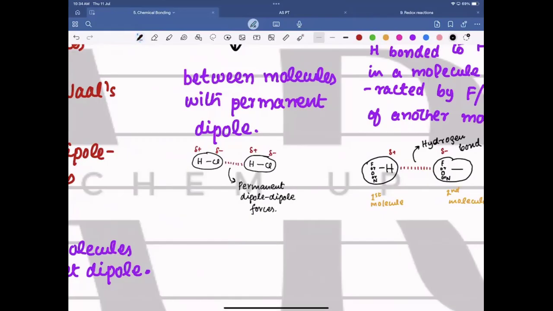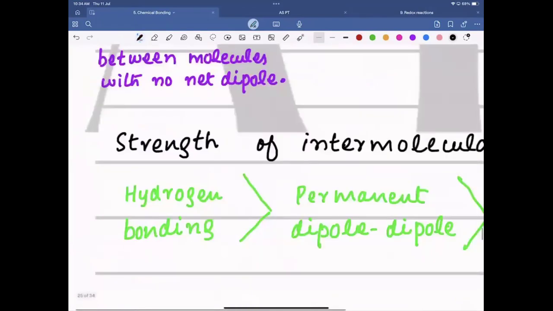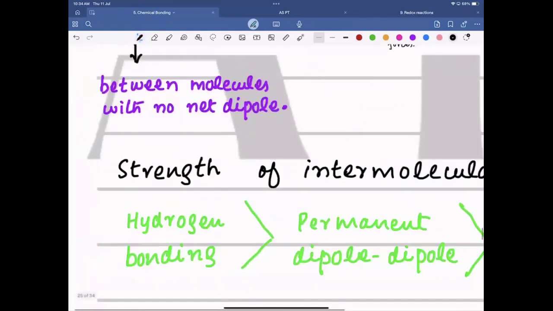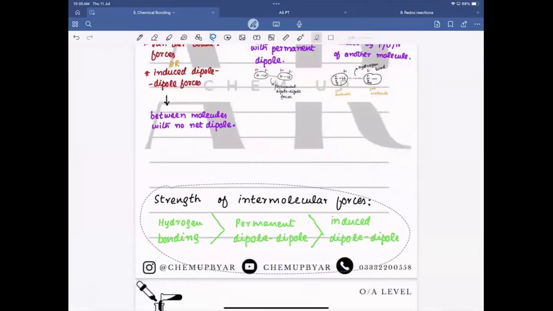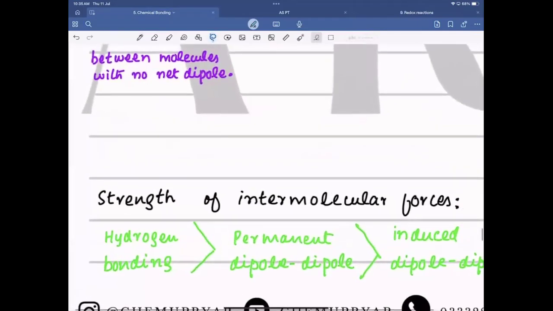Yes, sir. Okay. Now, what happens in induced dipole forces? We are calling it temporary dipole forces or induced dipole forces. You have to understand the concept, how they develop.